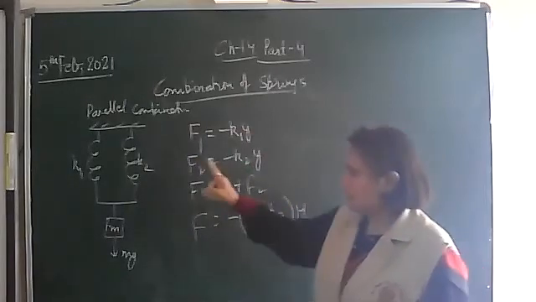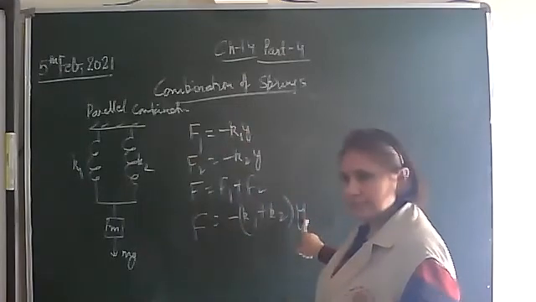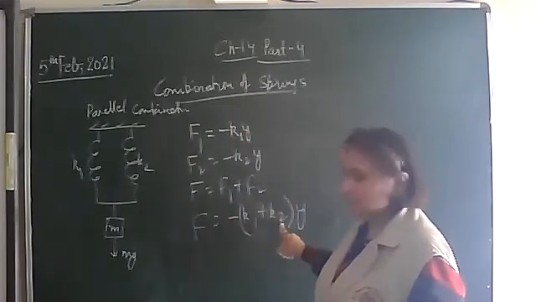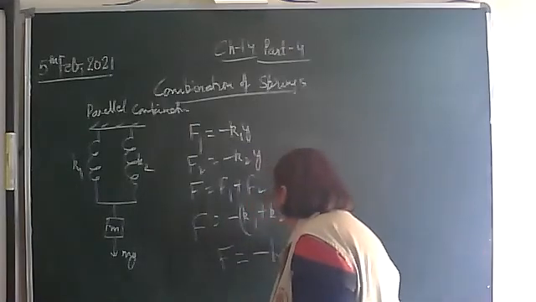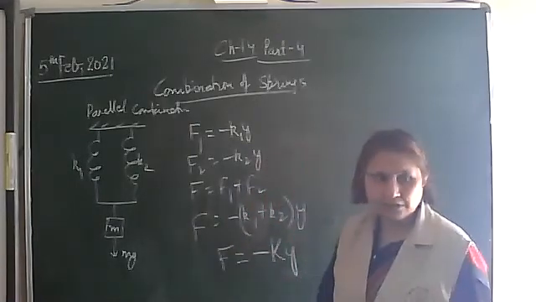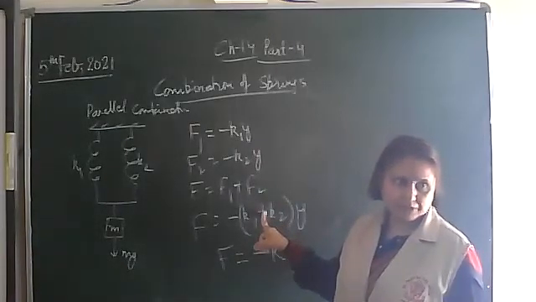If there was a single spring, the same force F is applied and it is displaced by y, and let the spring constant be capital K, then we can write F is equal to minus K y. So K is the equivalent spring constant in the parallel combination.